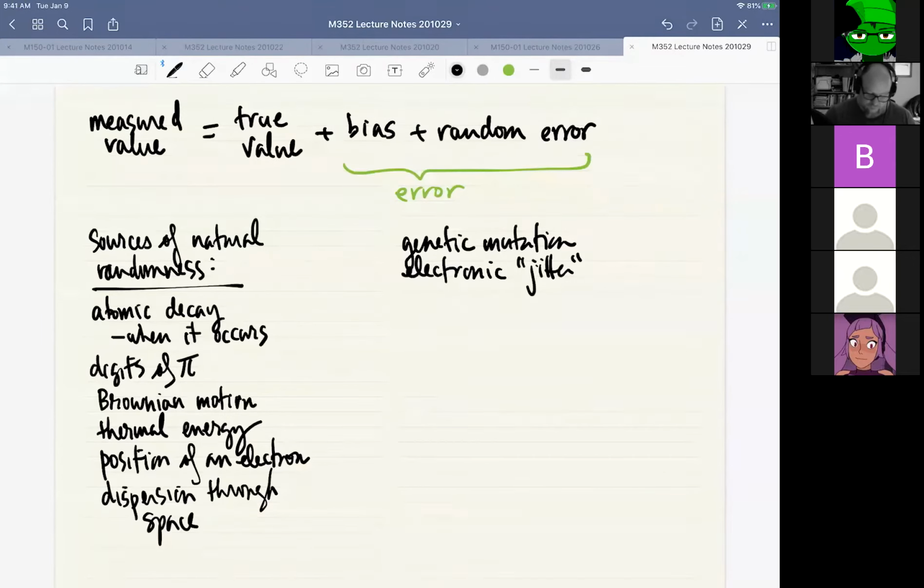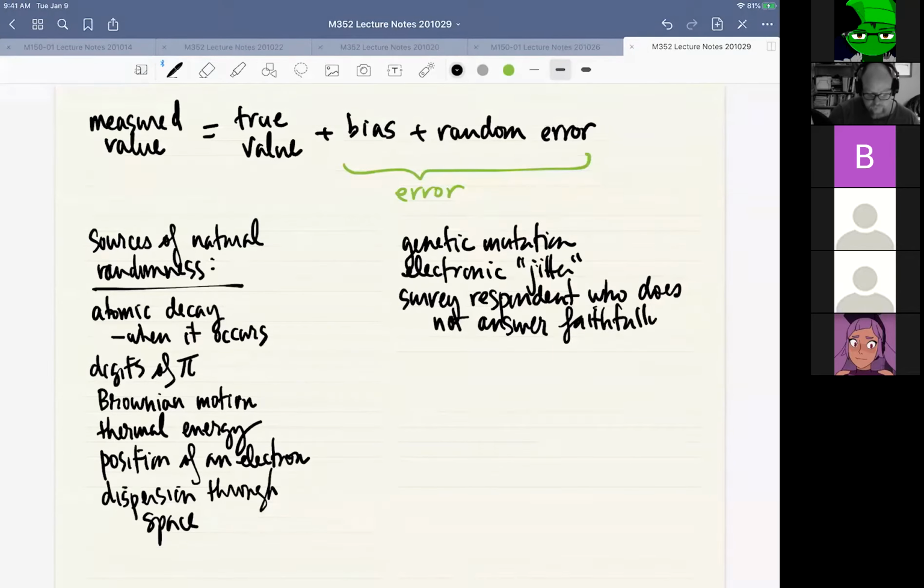Here's a good one. Survey respondent who does not answer faithfully. Right, a respondent who lies on a survey, that's kind of random, or it introduces randomness into your data.